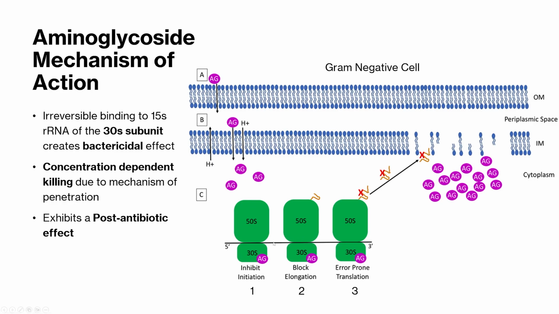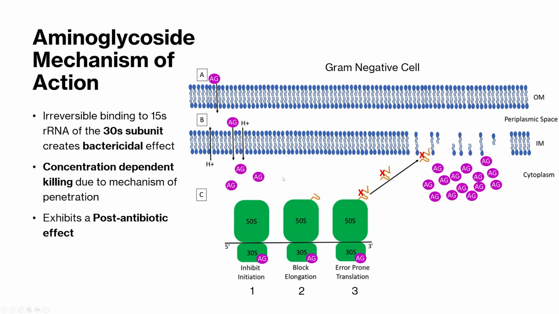It messes up. It has multiple mechanisms in how it prevents protein synthesis. It's concentration dependent. It is a concentration dependent mechanism because it has to get across this membrane. If the concentration outside of the membrane is not high enough, it will not passively diffuse through the porin channels.